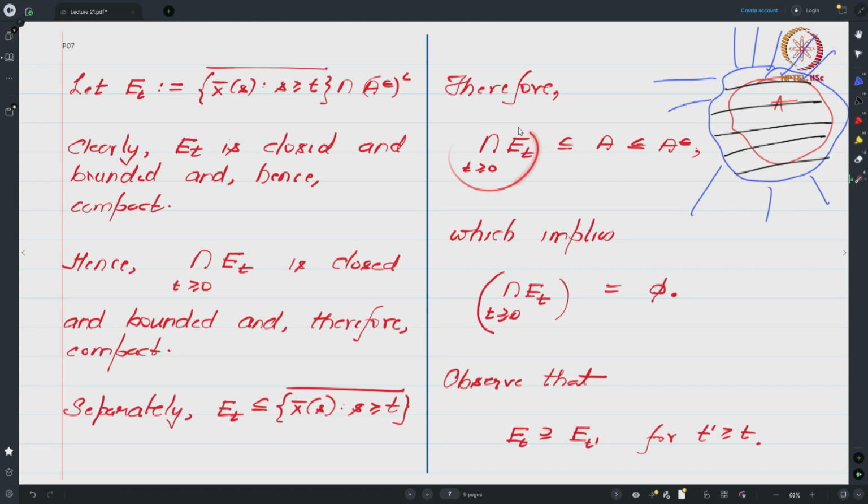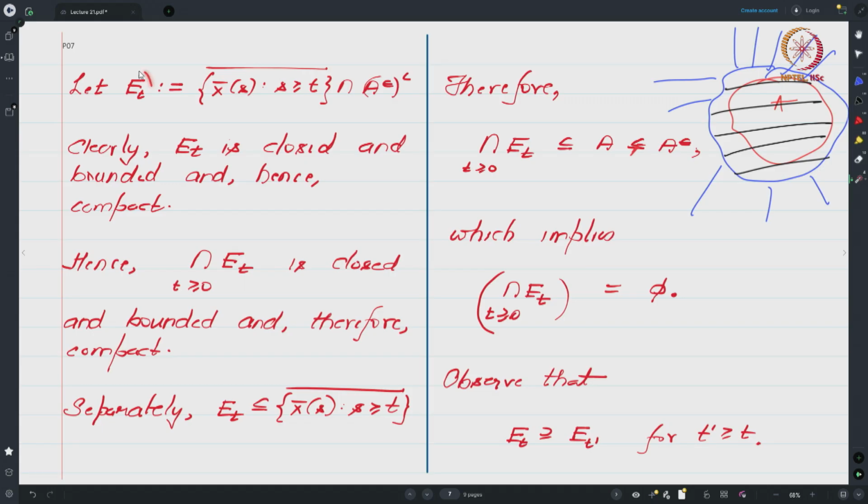So, the intersection of Et is a subset of A, and A is actually a proper subset of A epsilon. From this fact one can conclude something very interesting, which is that the intersection of Et must then be empty. Why is that?